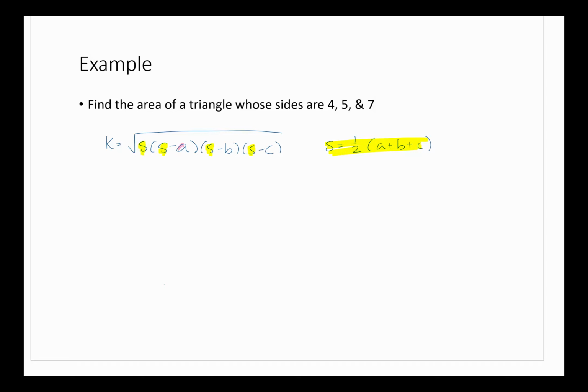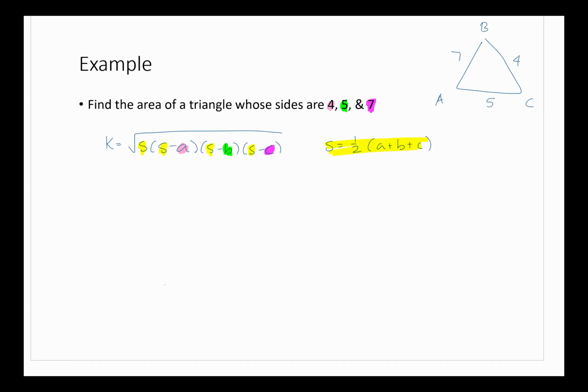I'm just going to arbitrarily decide what a, b, and c are. As long as each side is a different value, it doesn't matter which is a, b, or c, because we're not necessarily dealing with a right triangle here. So if I call these a, b, c, we would have 4, 5, and 7.